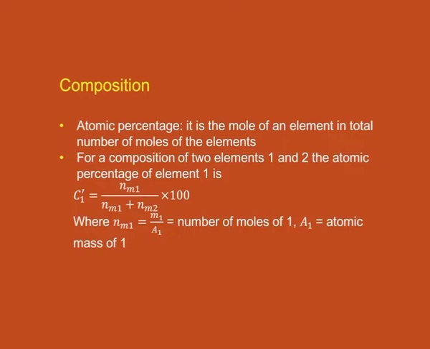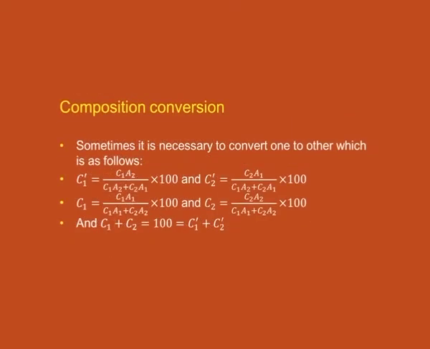Now, at times we may need to convert weight percentage to atomic percentage or vice versa. In that case, if we have all the quantities, then we can use the following formula to do the interconversion.